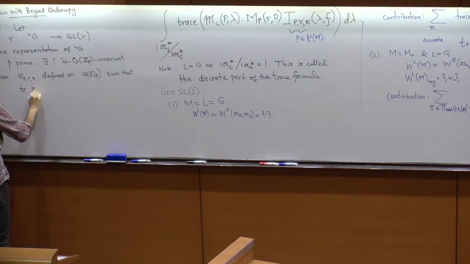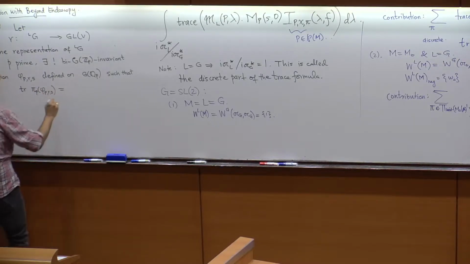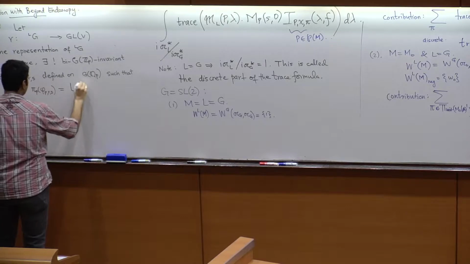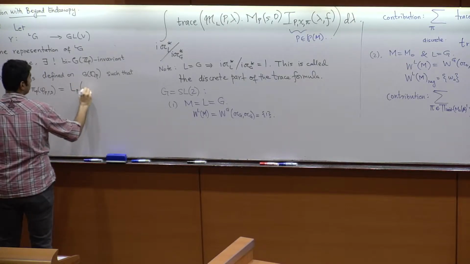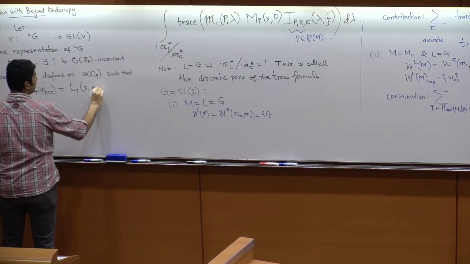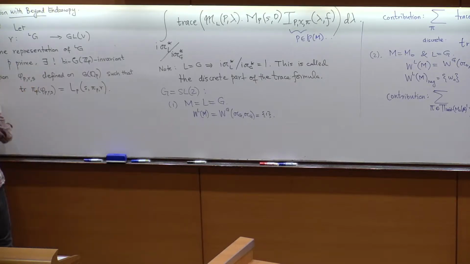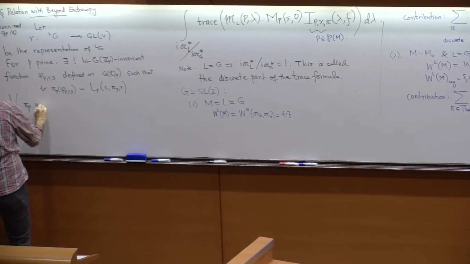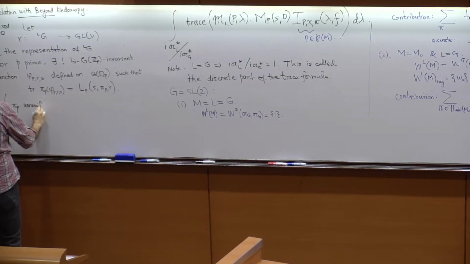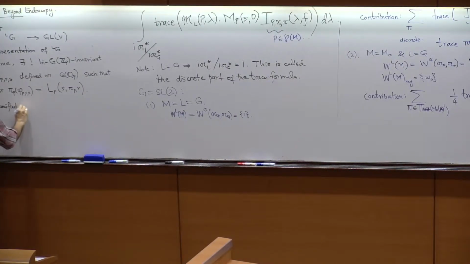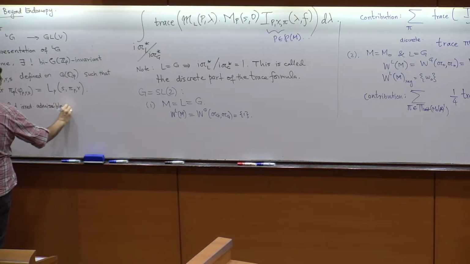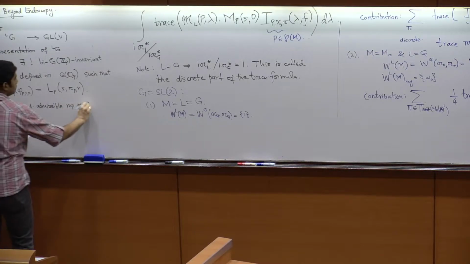The trace of pi_p applied to phi_{p,r,s} is equal to the local L factor L_p(s, pi_p, r) for all pi_p unramified, irreducible, admissible representations of G(Q_p).